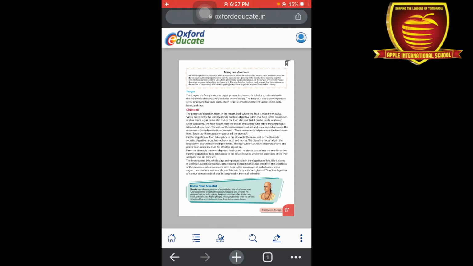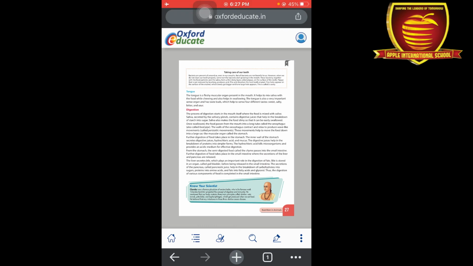Bile is stored in an organ that is the gall bladder before being released in the small intestine. The secretion of the pancreas is called pancreatic juice. Means there are two juices, one in the liver, that is bile juice. Bile juice helps in the breakdown or digestion of fats.